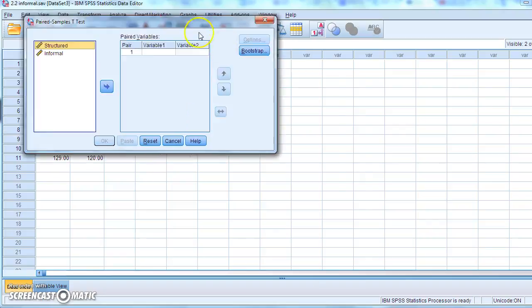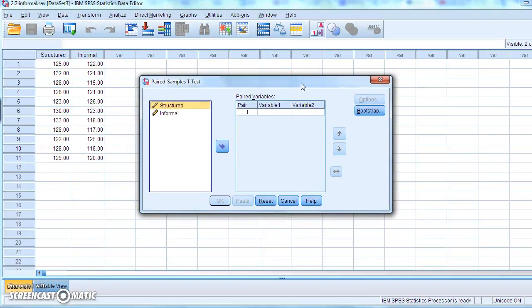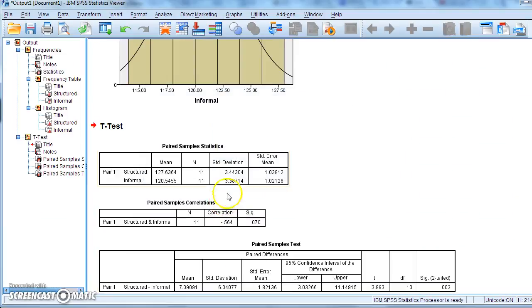So let's go back here. Now we've got no coding variables to deal with because it's purely within participants. So all we do here, we've got variable 1, variable 2, pair 1. We simply move structured into variable 1 and informal into variable 2, whichever way around you want to do it. None of these options do anything particularly helpful at this stage, so we'll just go OK.